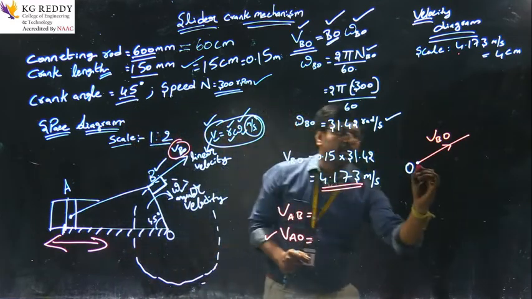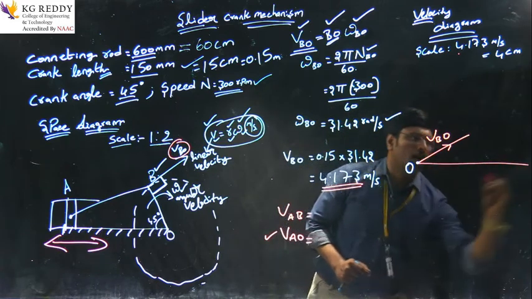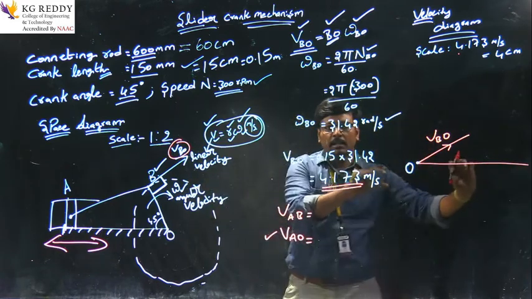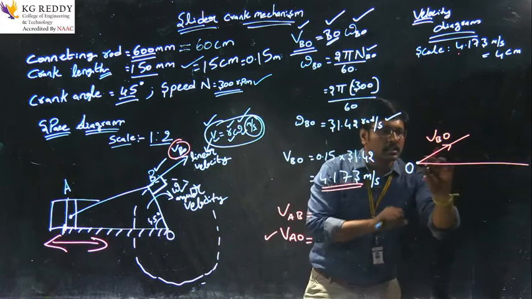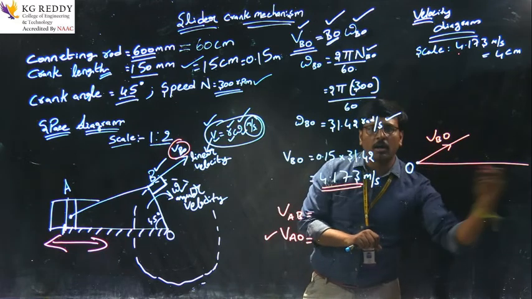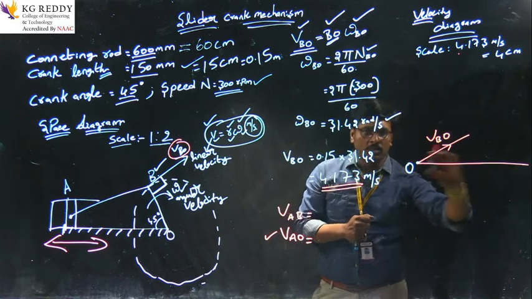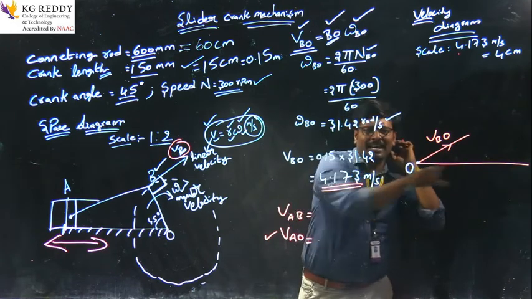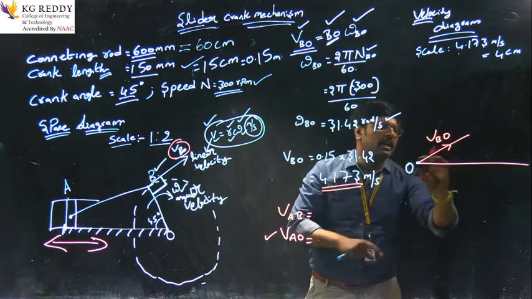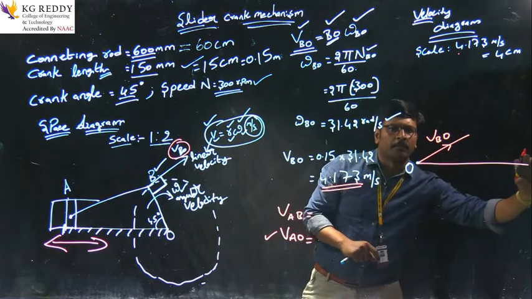So I am taking it here in a horizontal; it will get a sliding motion. This line represents the slider, that means piston velocity. We don't know the exact value of this, so I am taking an approximate here.